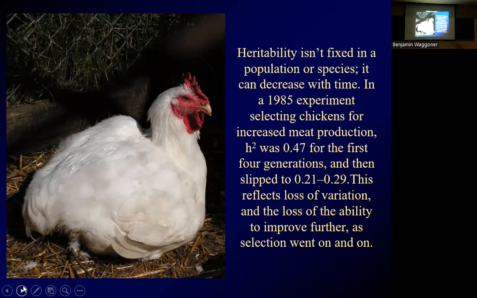And as you select your population more and more stringently, the total variance in the population gets less and less. Remember, if you're a chicken breeder, you do not want chickens that are just all over the freaking map. You want lots of chickens that will all produce lots of meat according to a predictable timetable, right?